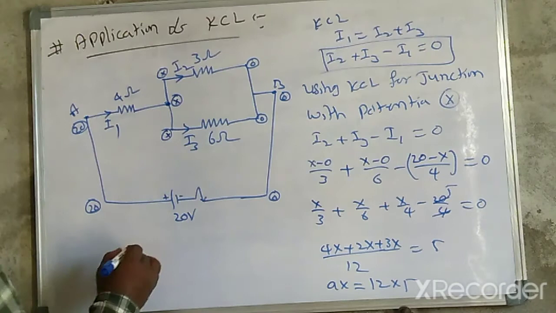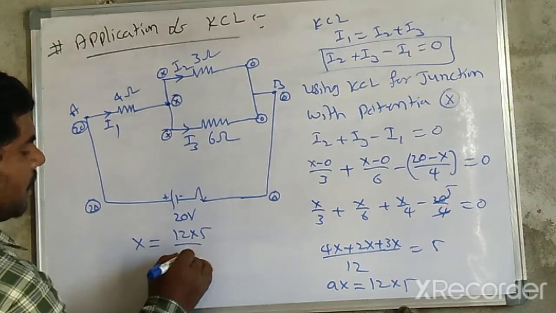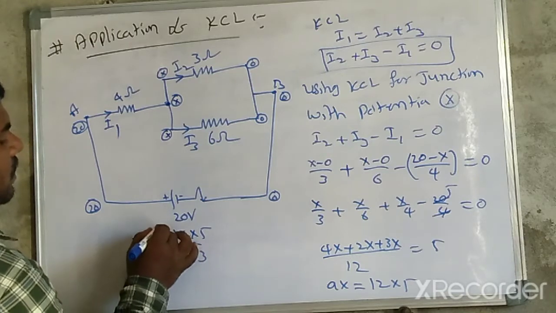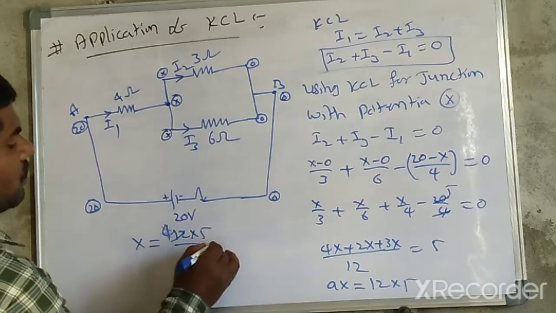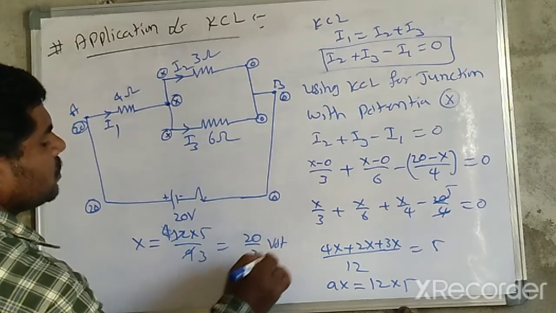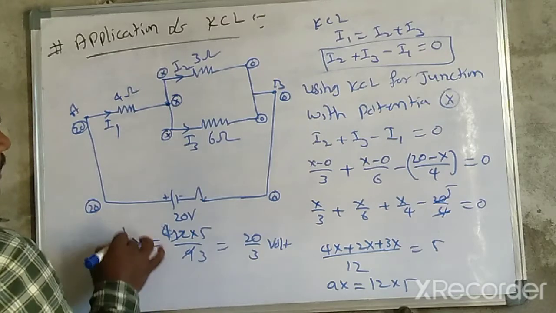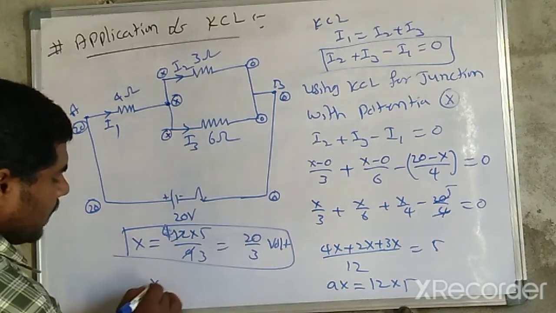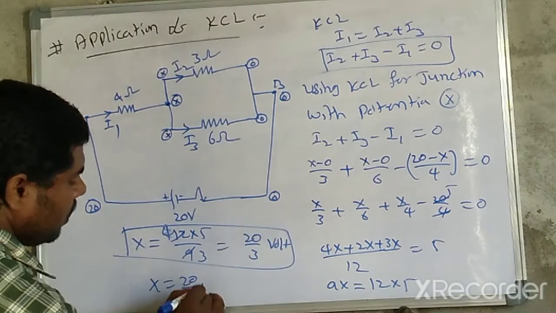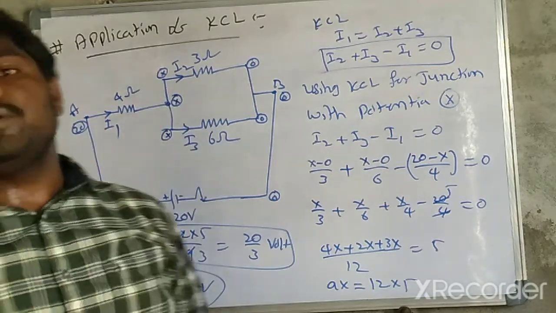X is equal to 12 into 5 divided by 9. 3 3s are 9, 3 4s are 12. So 20 by 3 volt. The junction potential X is equal to 20 by 3 volt.